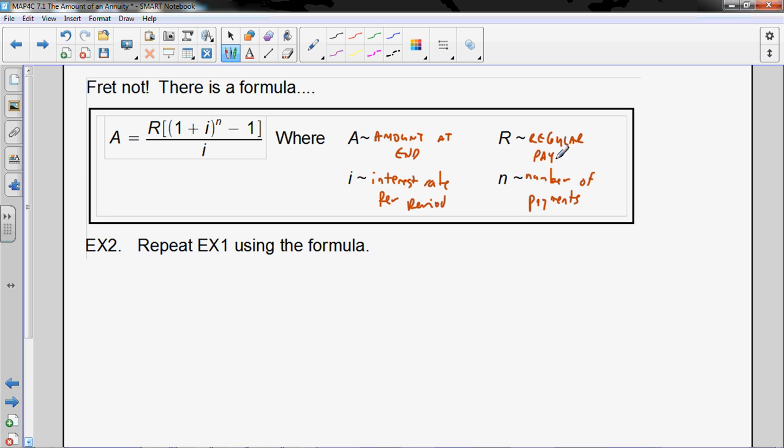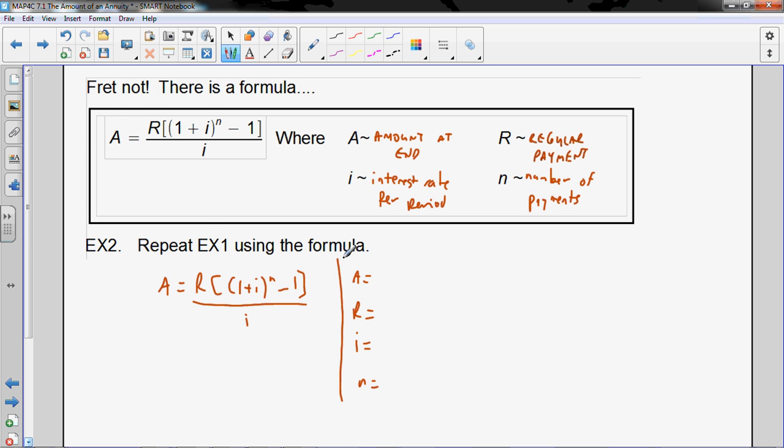That's the part that's new in this formula that we haven't seen before. So here we go. Here's the formula. I'm going to write it all down and start filling in stuff.